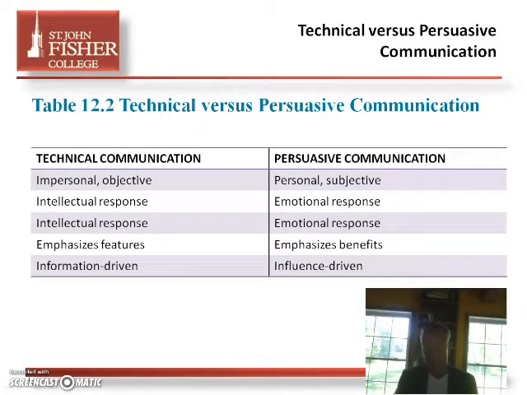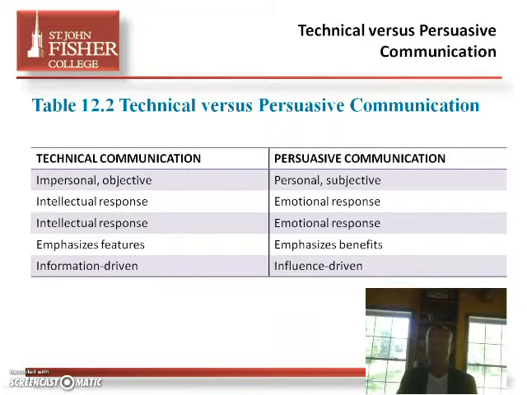So, technical versus persuasive communication. Depending on the prospect, if you're talking to engineers, oftentimes they like technical. They like to see the technical specs, a lot of specifications, etc. Persuasive is more emotional. It's more benefit emphasizing. It's more influence. It's more personal.